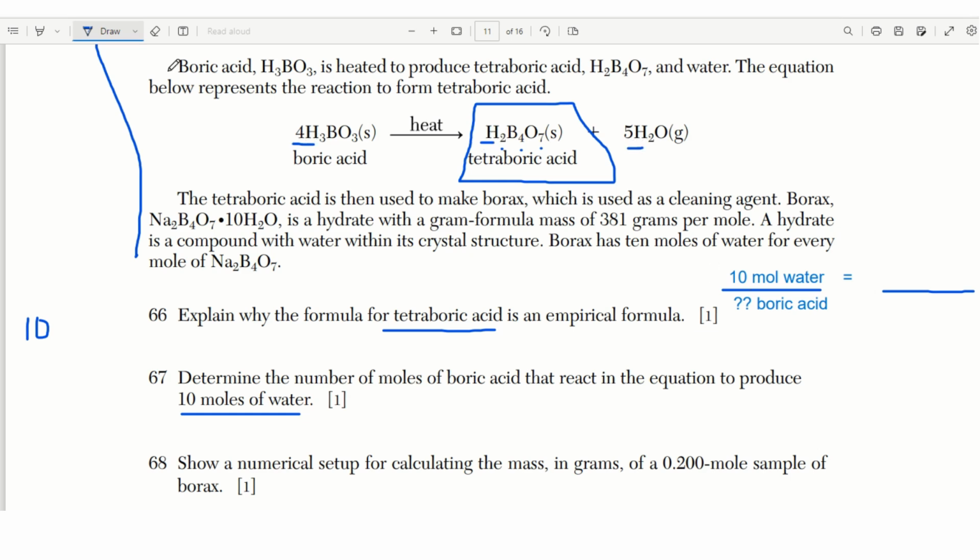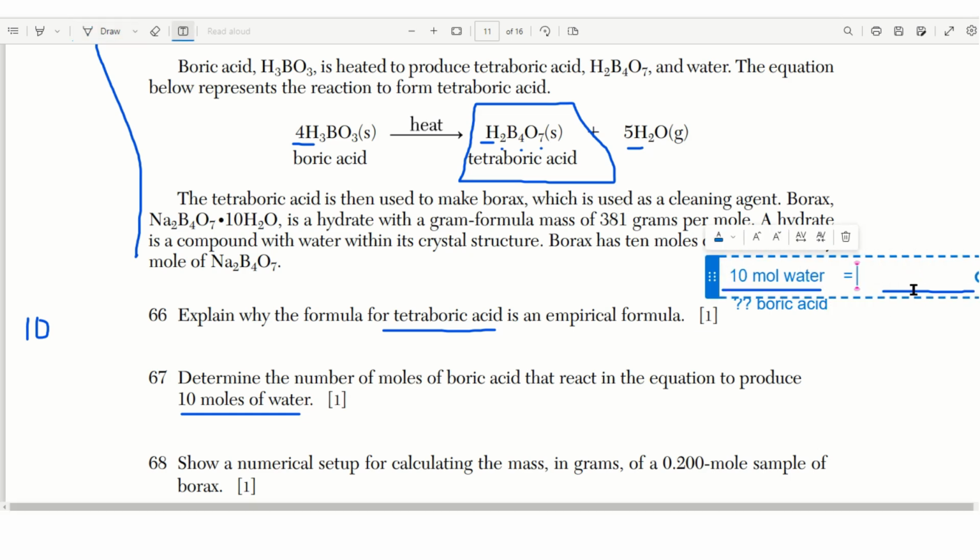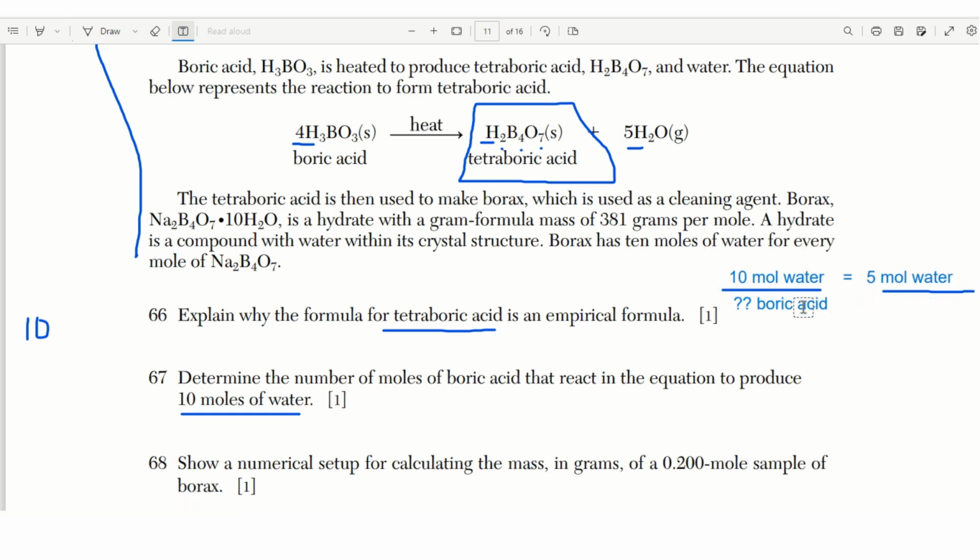All right. So what is the coefficient in front of water? 5. So on this side, I'm going to say it equals 5 moles of water, right? And for the bottom of the equation, what is the coefficient in front of boric acid? 4 moles boric acid.